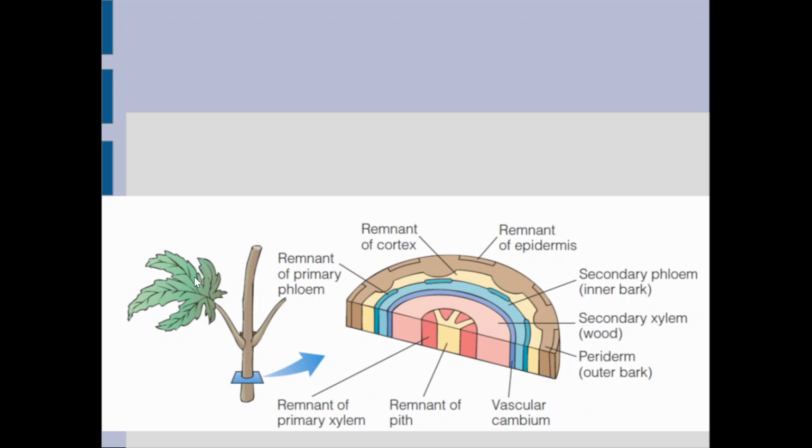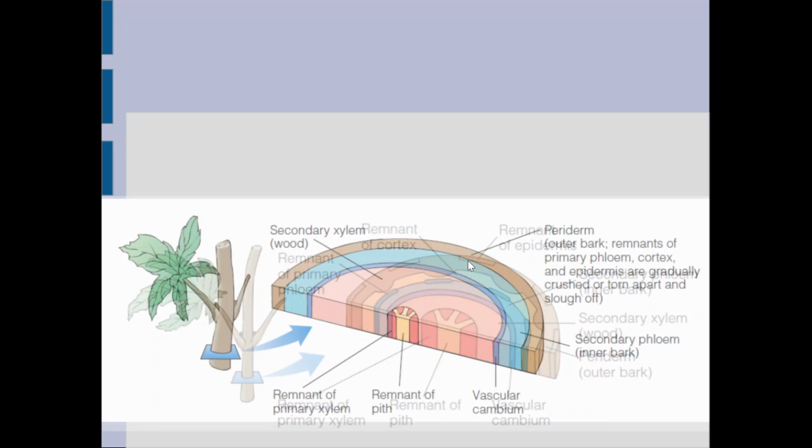So in the woody plants, we have a vascular cambium and also a cork cambium. Cambium is not seen here because it's a very thin one cell layer. I will show you later, I think.